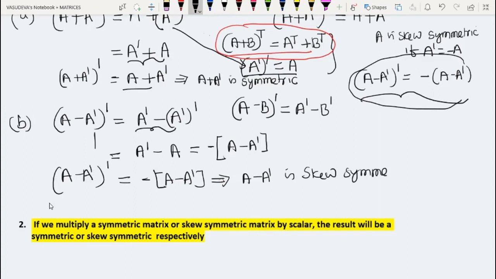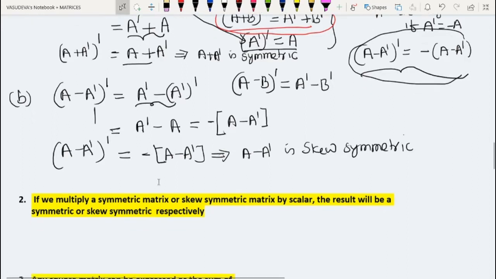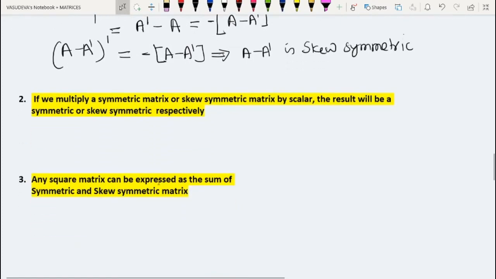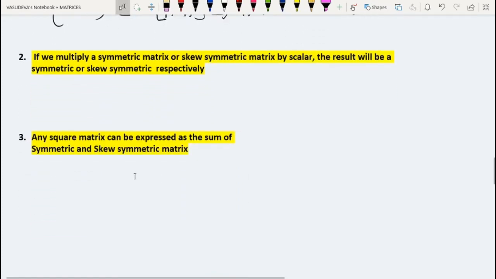We are using the definition of symmetric and skew symmetric matrix to prove these properties. Now, the second one: if we multiply a symmetric matrix or skew symmetric matrix by a scalar, the result will be a symmetric or skew symmetric matrix respectively.